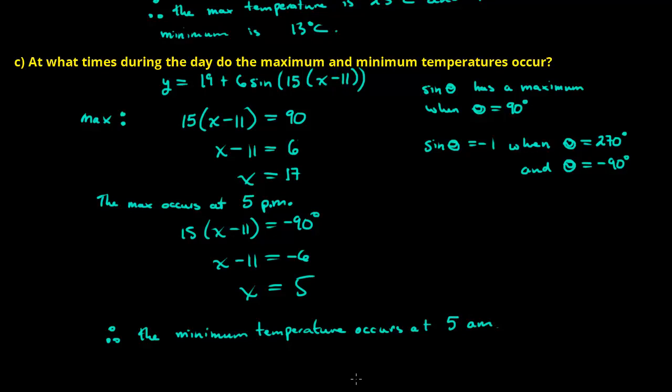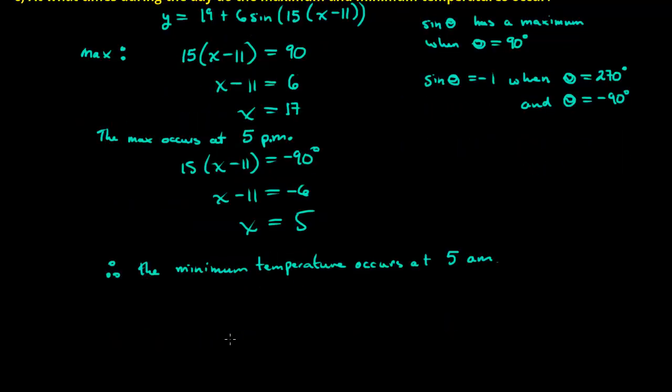And if you think about it, this makes sense because of the minimum and the maximum of a sinusoidal function. If we actually sketched out a sinusoidal function, or the sine graph, one cycle, it looks like this.